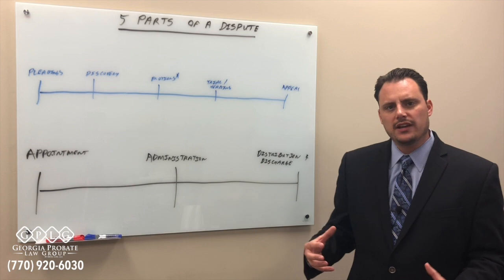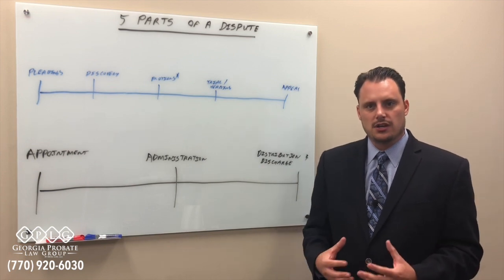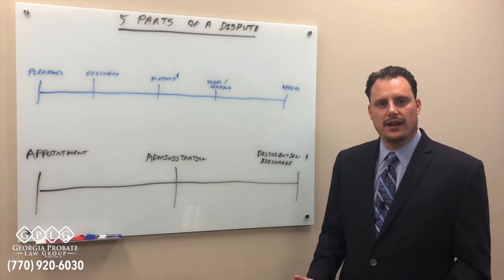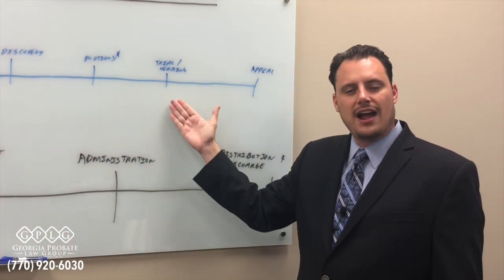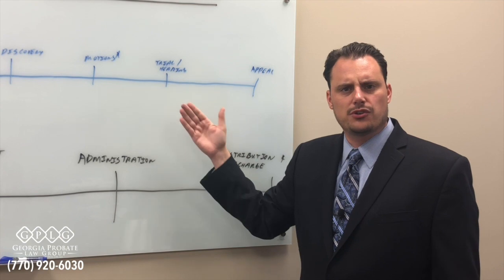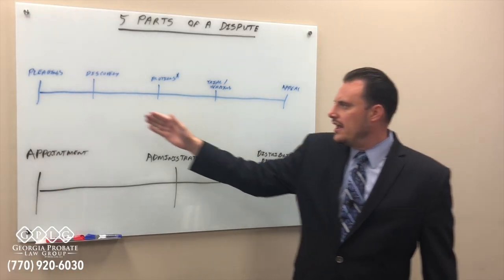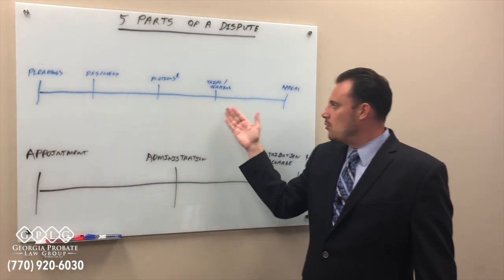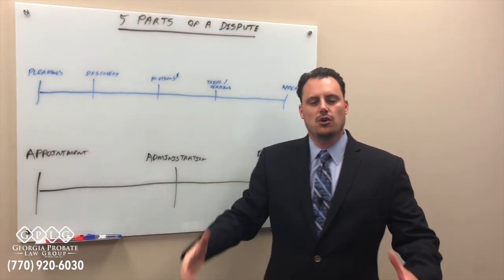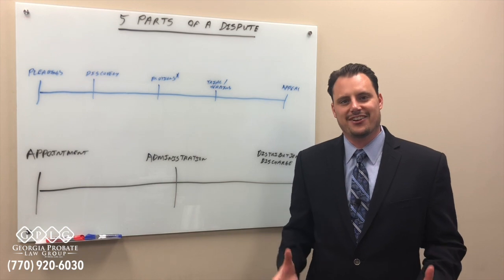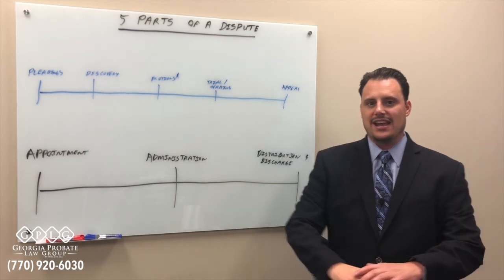But once litigation starts, there's two paths that it can go down. It can proceed all the way to the final trial of the matter, and that would be the conclusion or the end of the case. Or it could end at any point before trial if the parties come to some sort of negotiated settlement or some kind of agreement. That agreement could be anything under the sun.